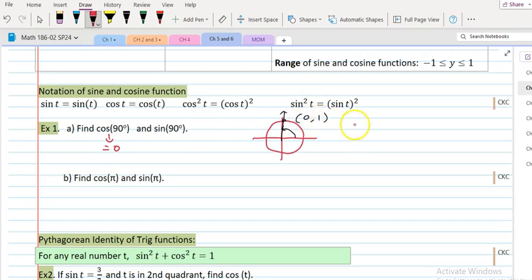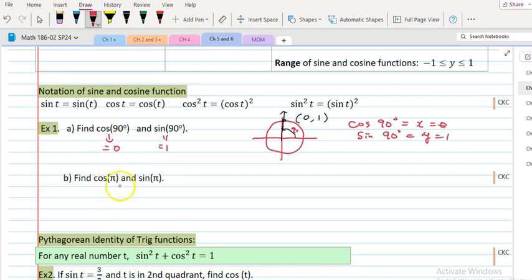And sine 90 would be the y-coordinate, which in our case is equal to 1. That is exact. I don't have to guess if it is 0.8 or 0.81 or something. So cosine 90 is 0, sine 90 is 1. That's how you produce those.